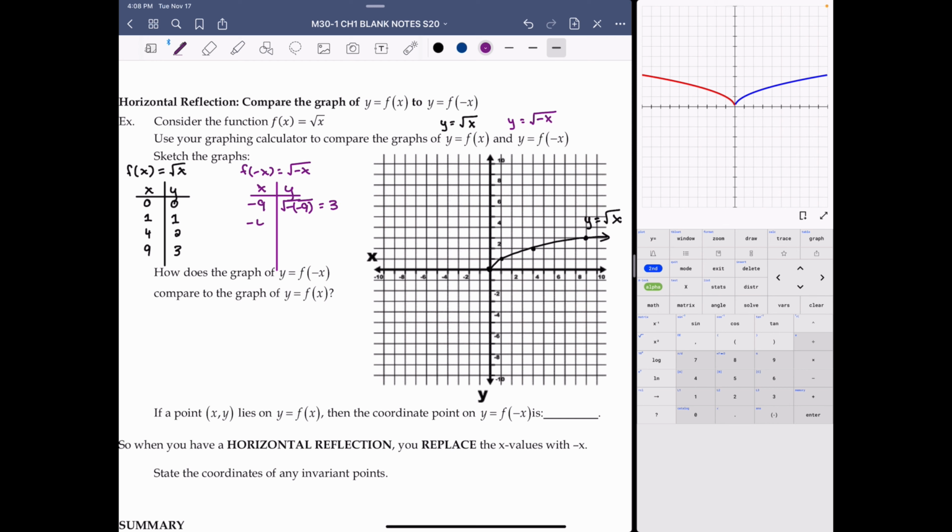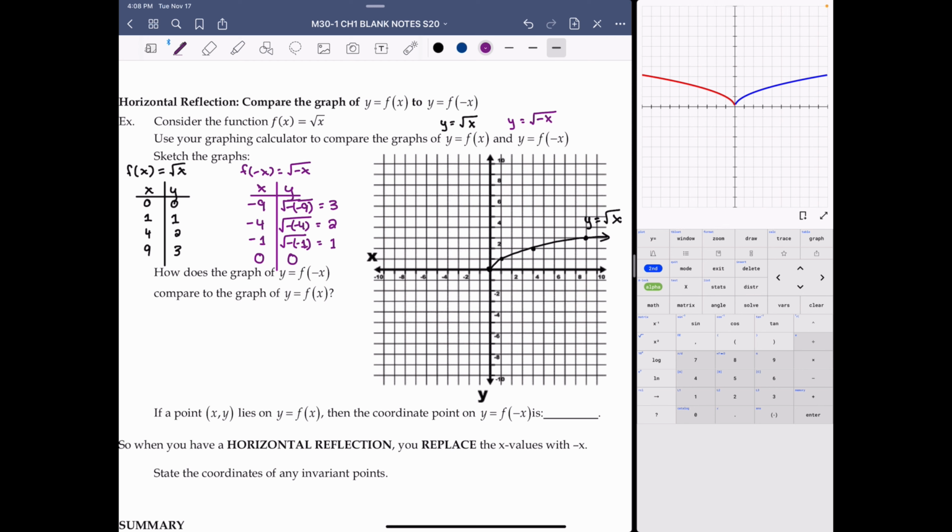Then negative 4 is the square root of negative 4, which is the square root of 4, which is 2. And negative 1 would be the square root of negative 1, which is the square root of 1, which equals 1. And then 0, square root of 0 is 0.